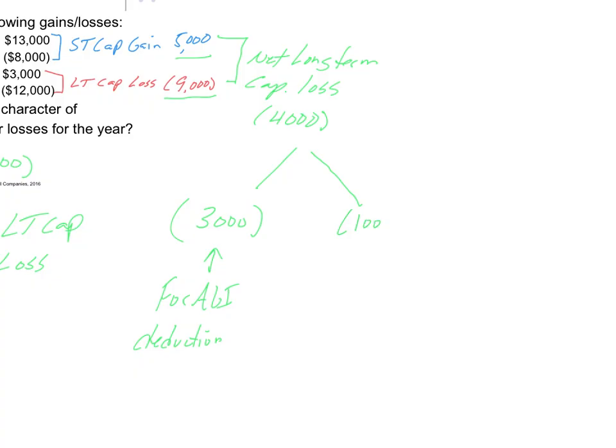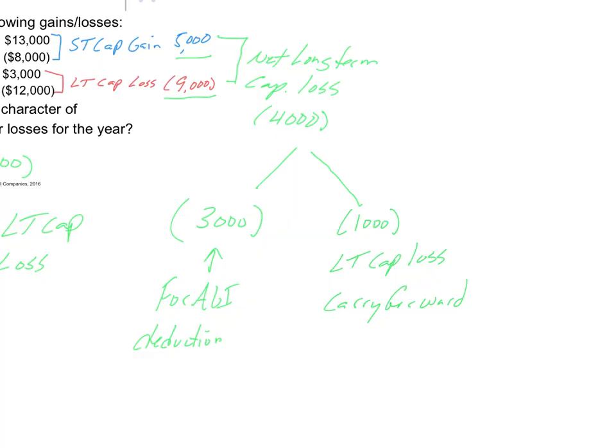This other $1,000 is a long-term capital loss carry forward. It is going to get carried forward to the next year so that it then gets put in the netting process for next year.